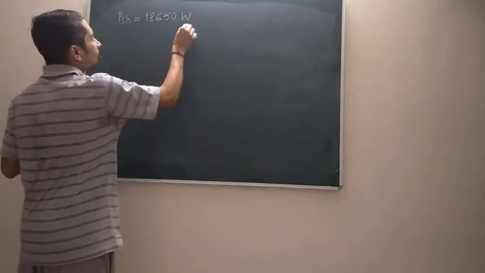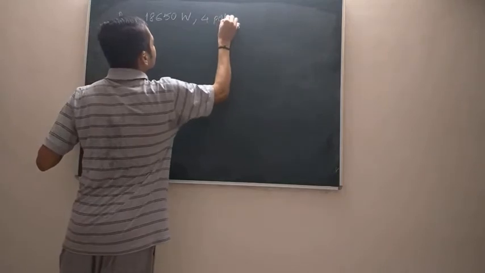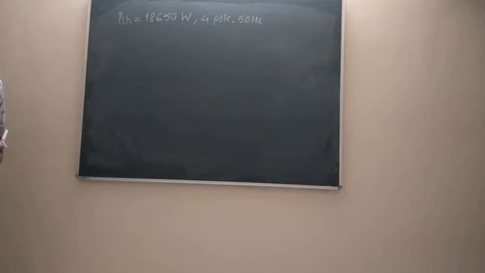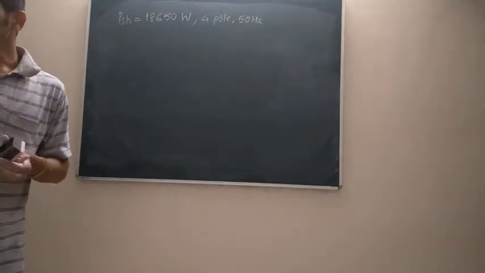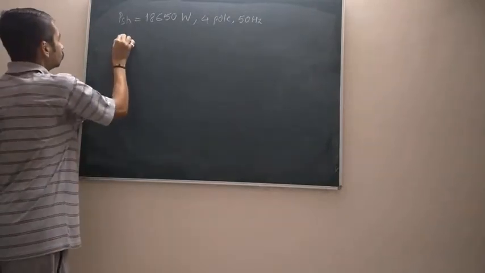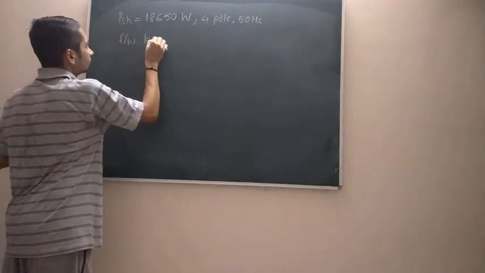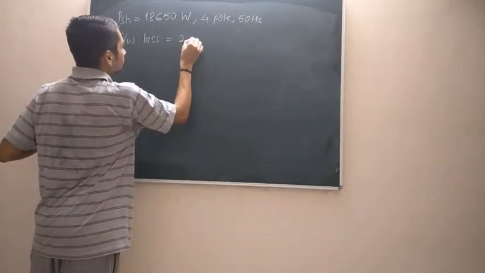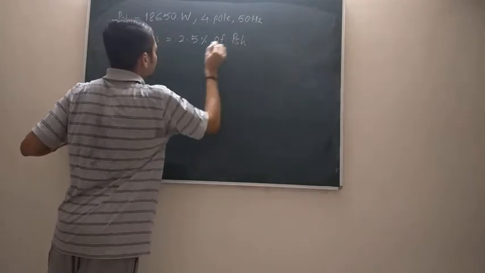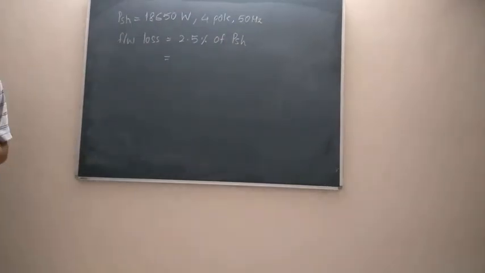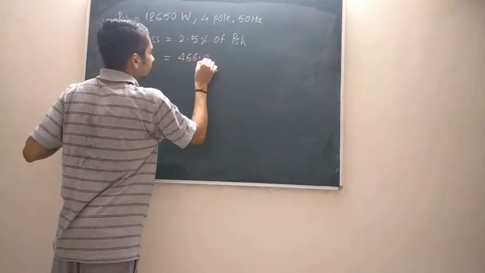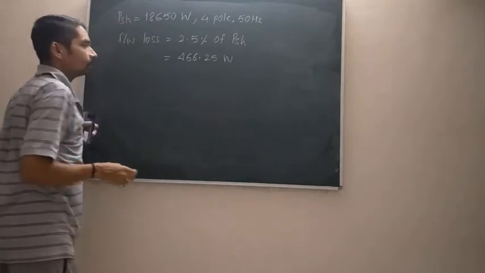It is a 4-pole 50 Hz induction motor. For this motor, the friction and windage losses are 2.5% of the output. So friction windage losses are 2.5% of PSH. If you substitute the values, you will get the answer as 466.25 watts.